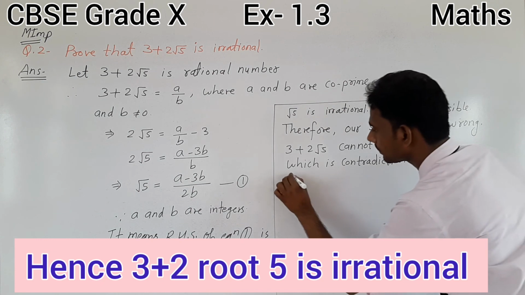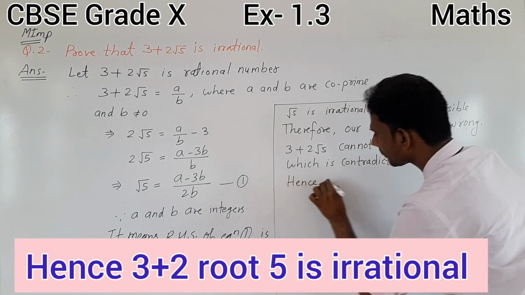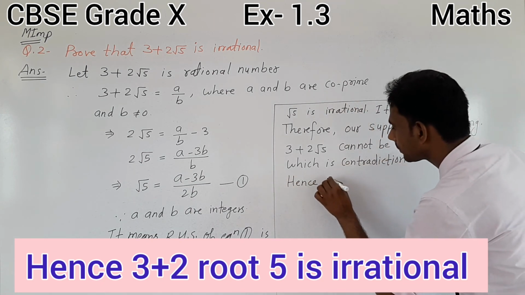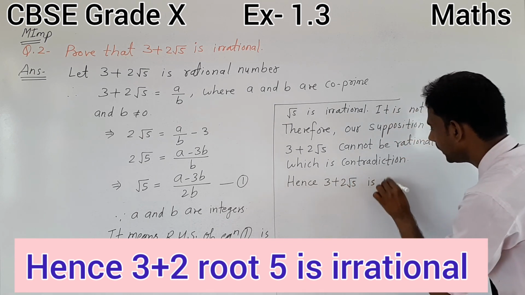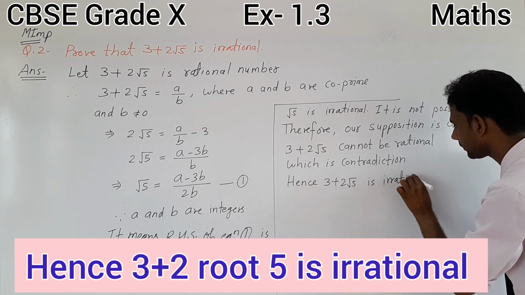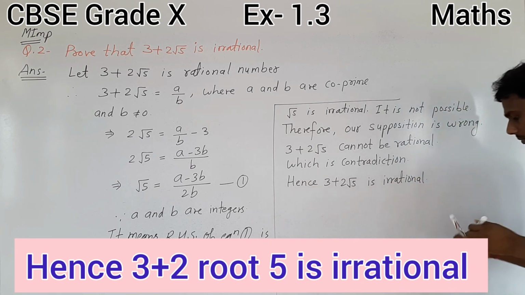Hence 3 plus 2 root 5 is irrational. Proved.